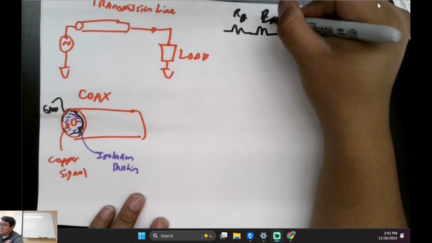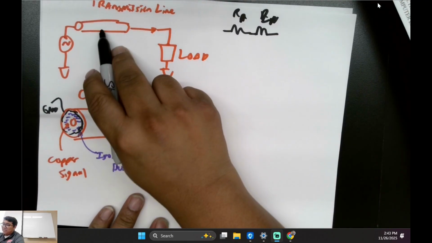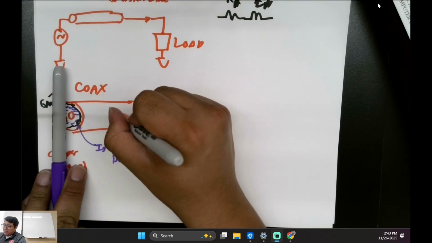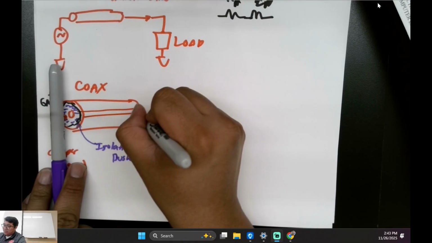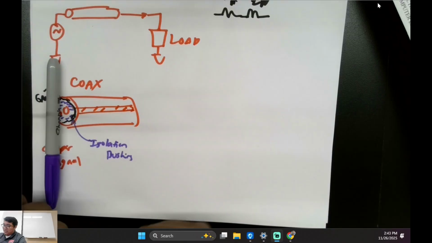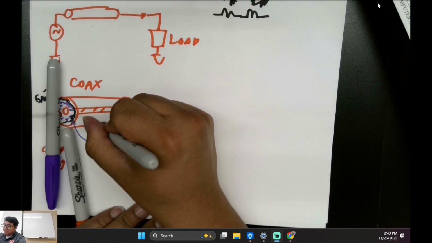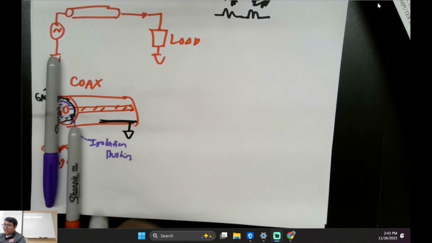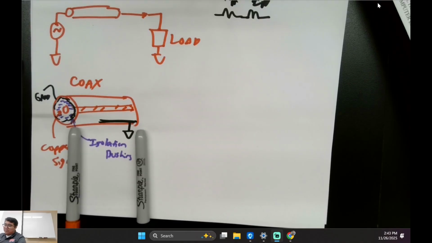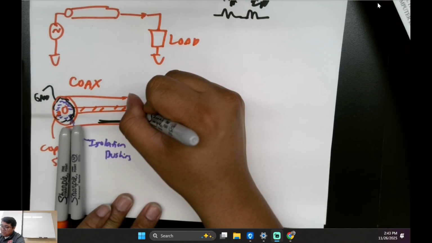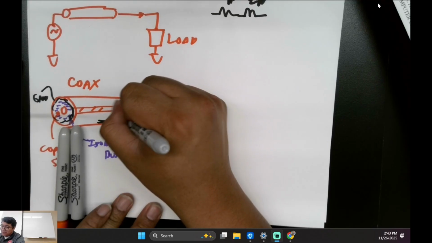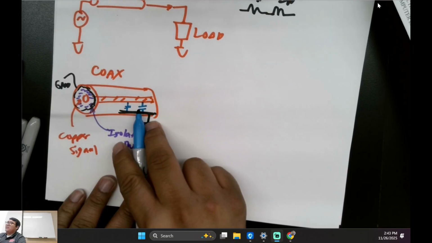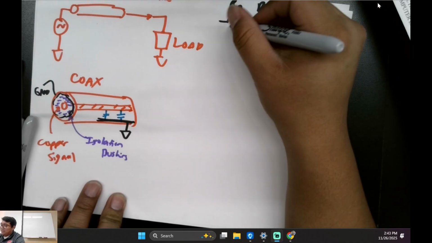Because you have the signal traveling through this wire, and then you have the ground plane, you're going to create a capacitor between them. So there's some mini capacitance along the line itself, and you get some type of line capacitance.